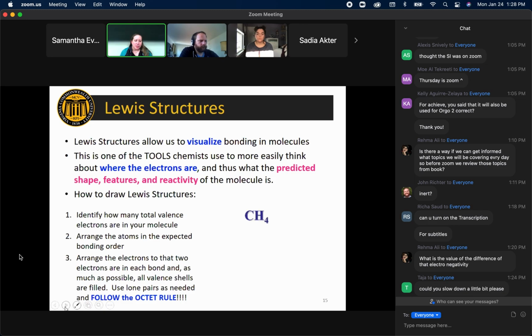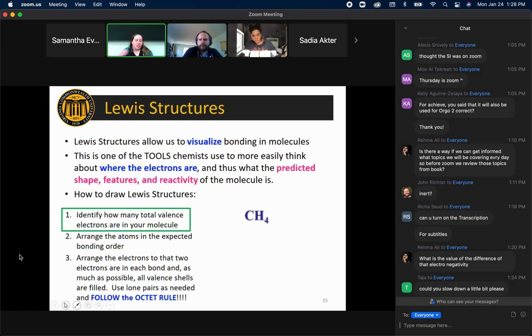So let's see some examples. We're going to start by looking at methane, CH4, which is the simplest organic molecule, the simplest carbon-containing molecule. Step 1, identify how many total valence electrons are in your molecule. How do we do that? Our valence electrons have to come from the atoms that make up this molecule.